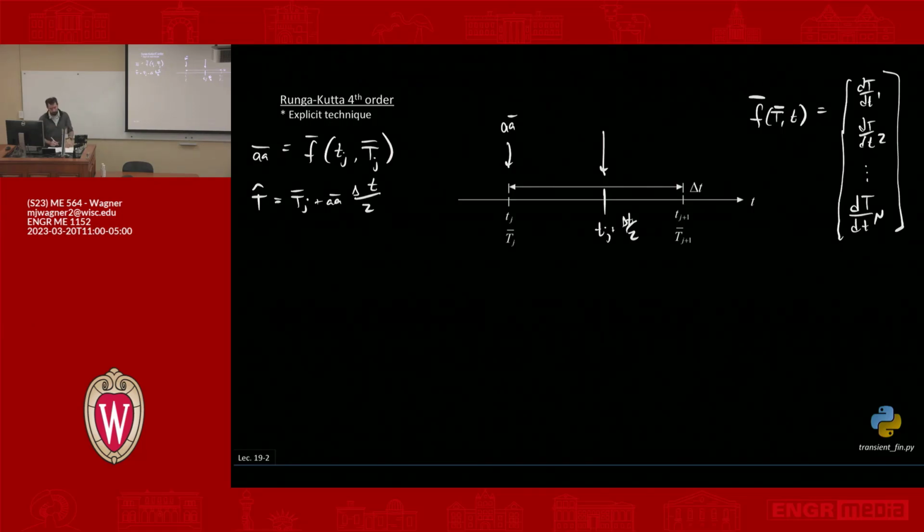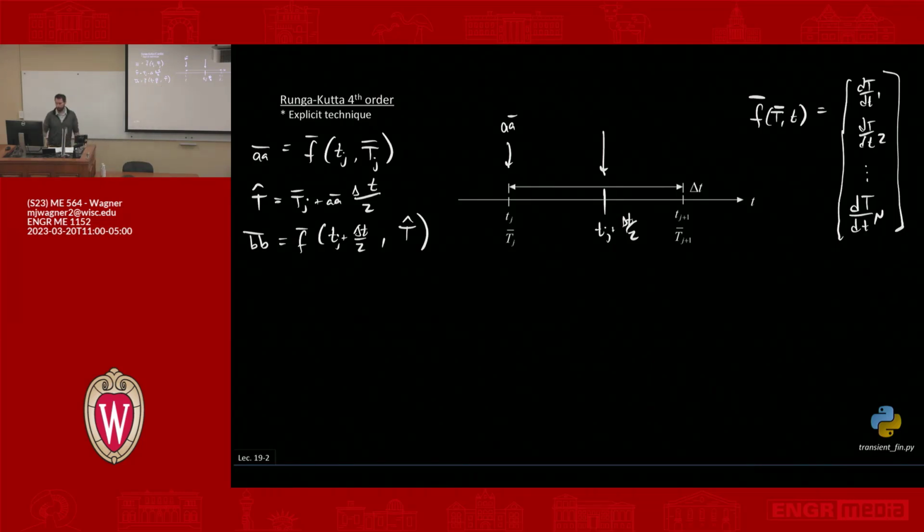At that point, I'm going to evaluate the derivative again, and that's going to give me BB bar, which is going to be f bar evaluated at tj plus delta T over 2, comma T hat. All right, so I'm getting the derivative at the middle using the T hat that I just computed.